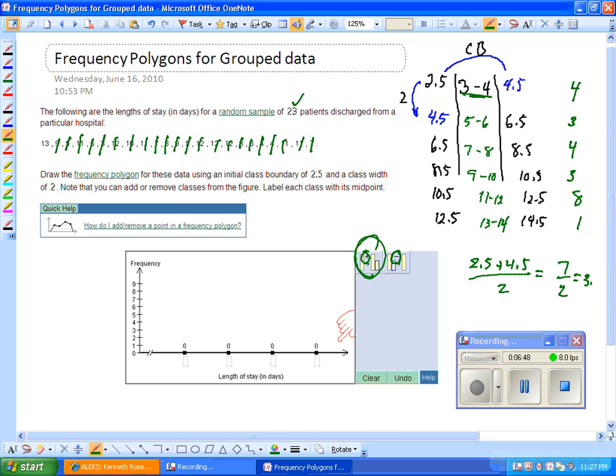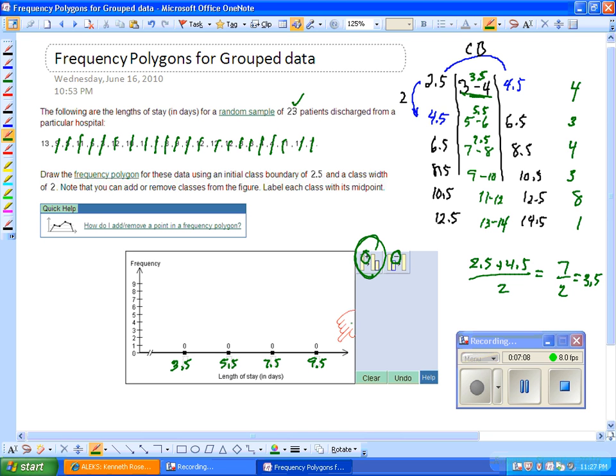It's 3.5. So this midpoint is 3.5. This one is 5.5. And you can see 3.5, 5.5, 7.5, those also skip by 2. So 3.5, 5.5, 7.5, 9.5.